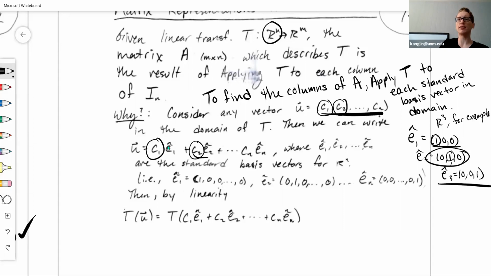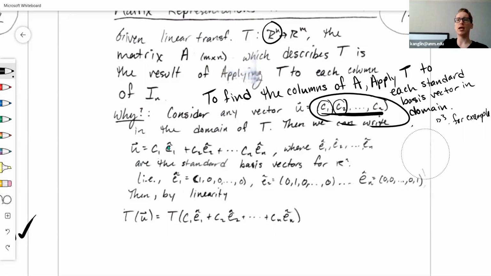Add all these up and you'll get this C1, C2 through Cn vector. The value here is that no matter what input it is, we can write it as a linear combination of those standard basis vectors for Rn. And I've described those again here, maybe more generally.